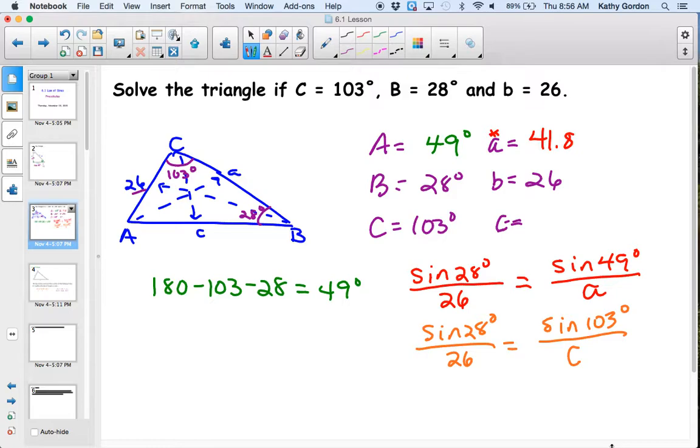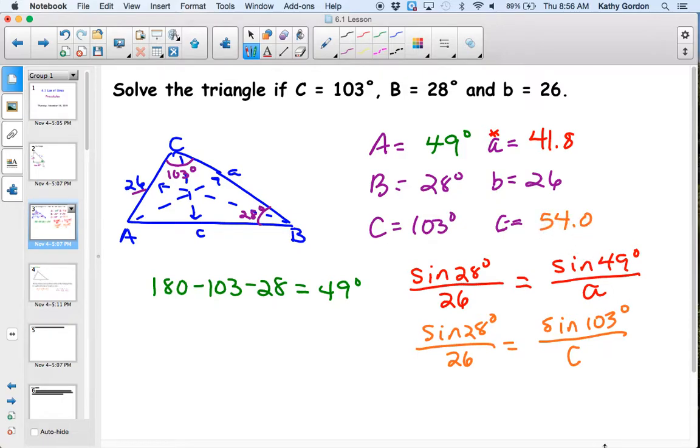So now solve for that one. So what's C going to be? 54.0.